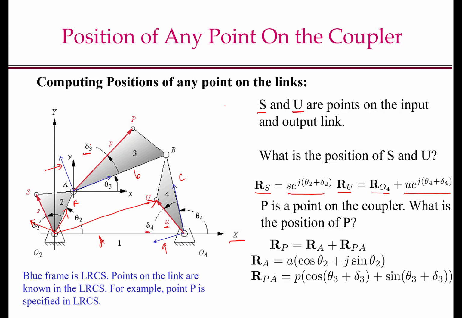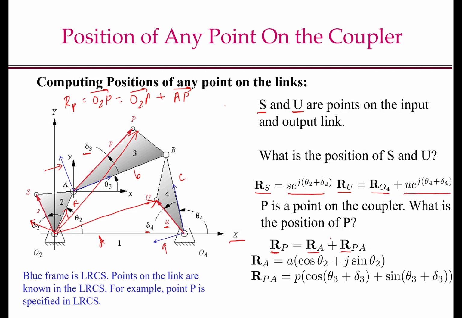The position vector of the point P, which is RP, or also the vector O2P. So RP equals O2P, which is equal to O2A plus AP. So this is written as RA, since O2A is the same as RA, and AP is the same as RPA.